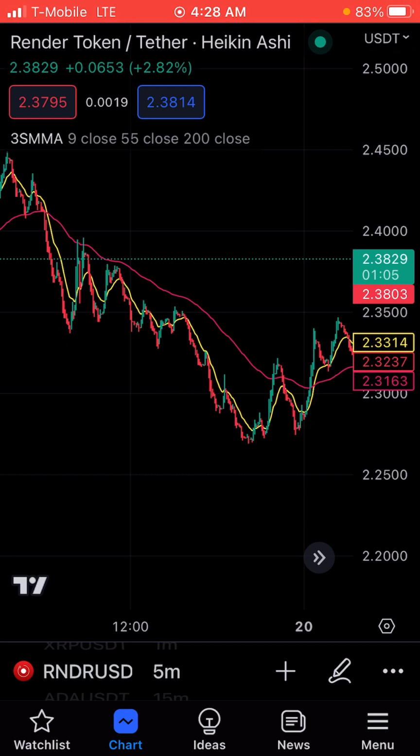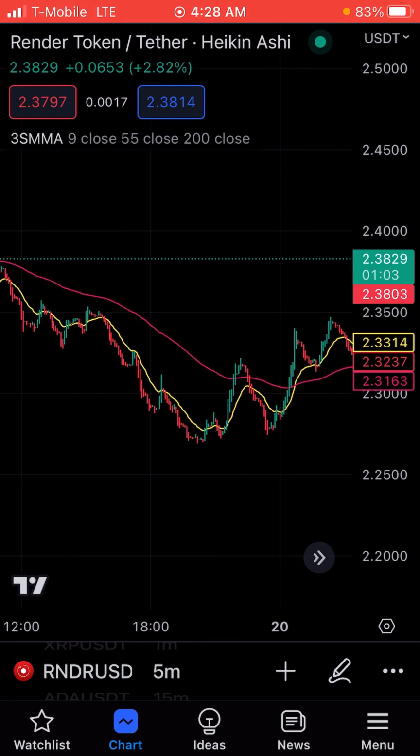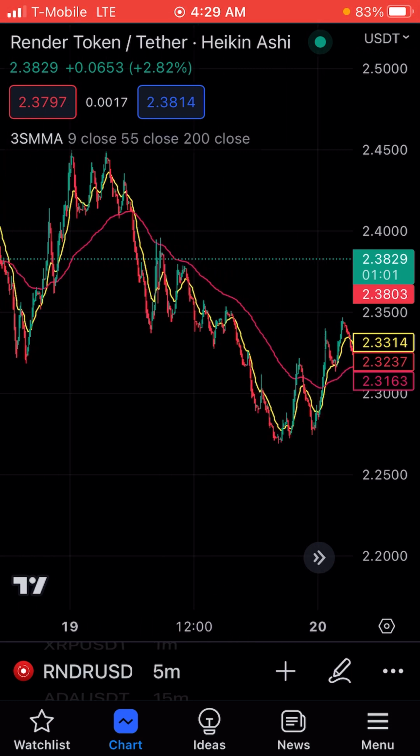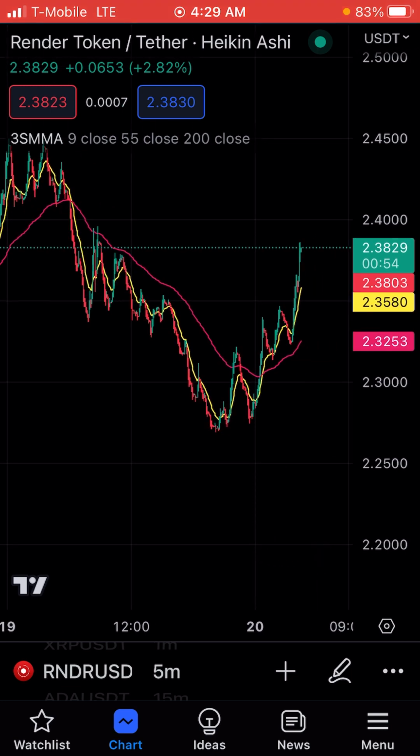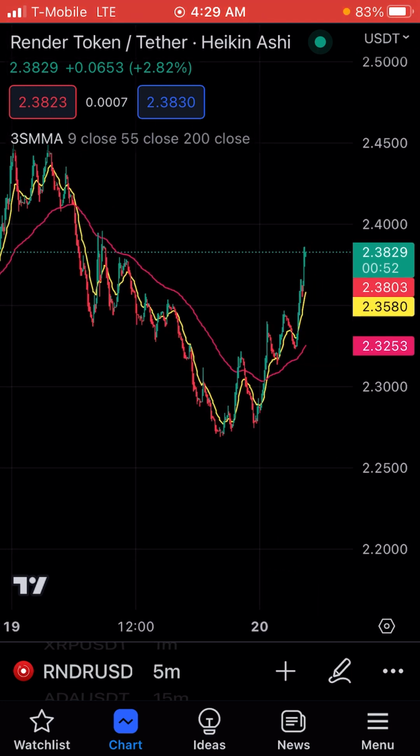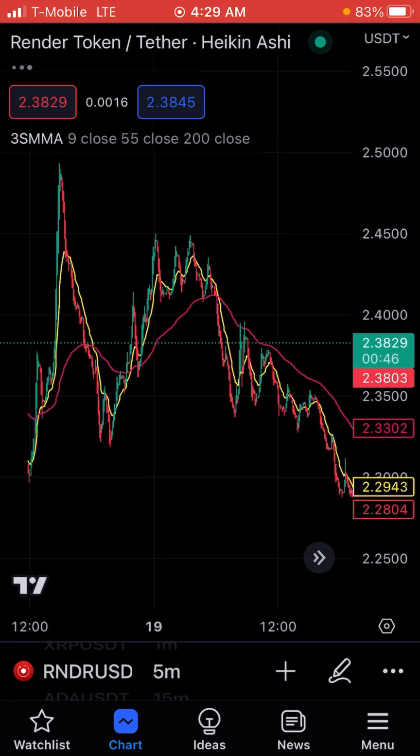But there's only a couple times using this strategy where it won't work. It's those brief moments. This strategy will work if you can find those big moments, those big pumps, and you can also find those short pumps.